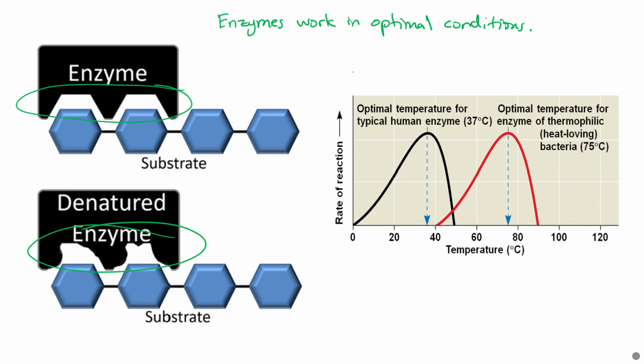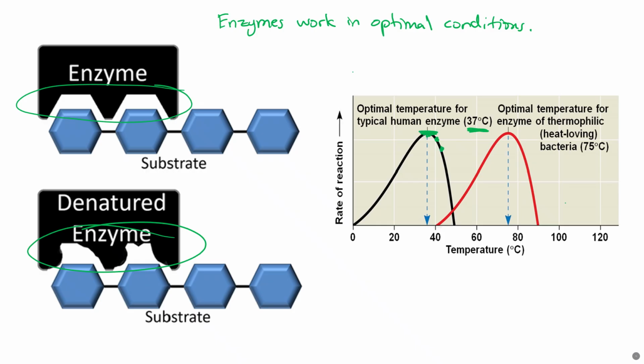So let's take this temperature example. This enzyme is at the optimal temperature for typical human enzymes at 37 degrees. At 40 degrees, it is still efficient, but not as efficient as at 37, the peak here.